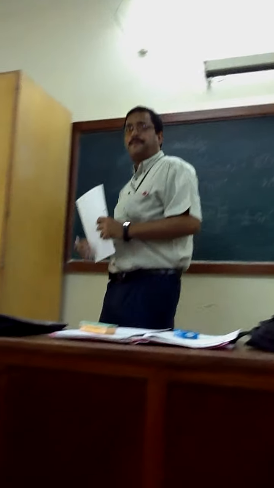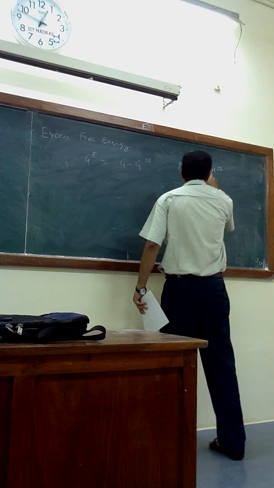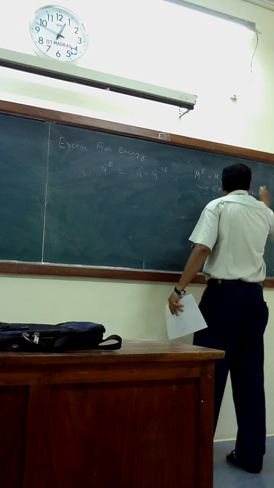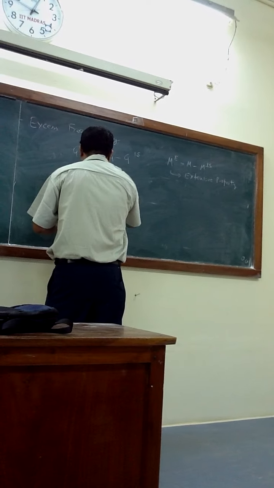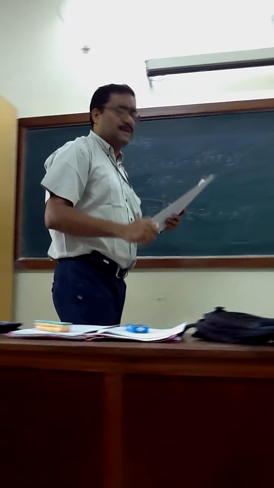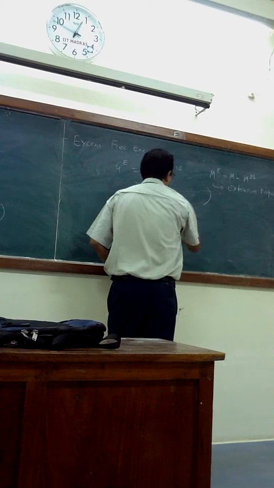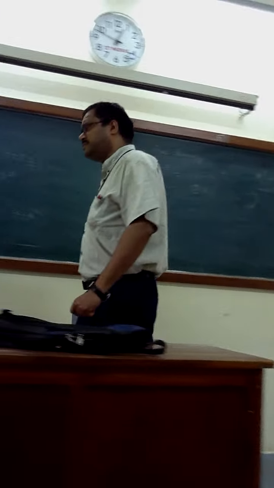M is the extensive property. So you can write this as summation i equals 1 to C. What can you write in terms of intensive or specific properties? Ni, the mixture. The solution is a mixture.